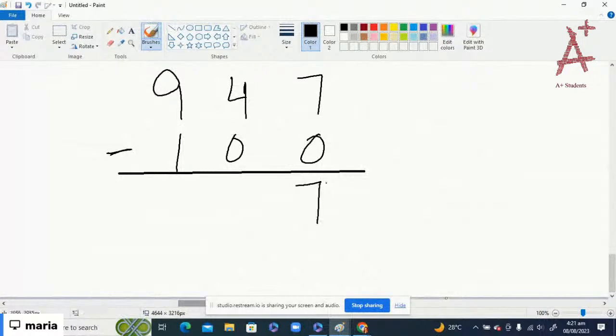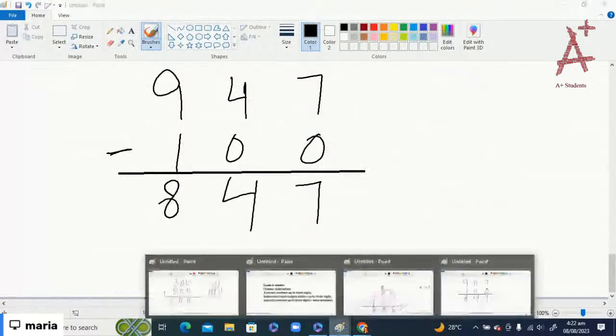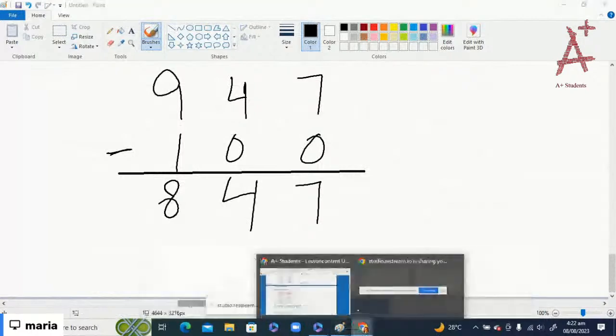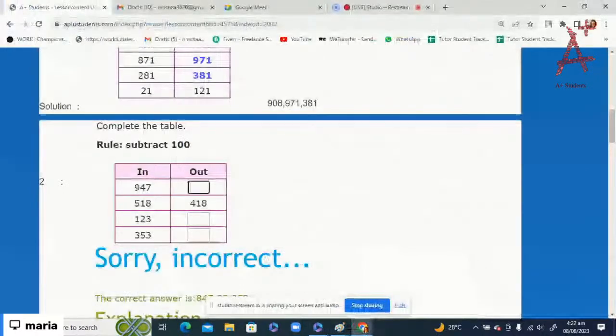Then 4 minus 0, which is also the same thing. 9 minus 1. Count it on your fingers. Count 9 fingers. Remove one more. Then the answer is 8. So here we got the answer, that is 847. Okay, let's write. That's it. Now, this one you guys solve it.